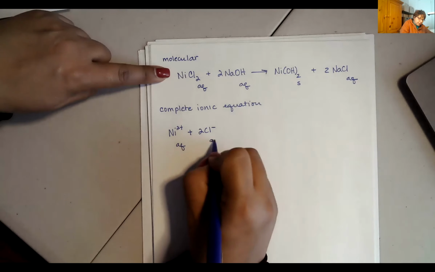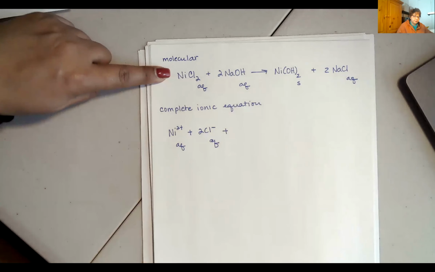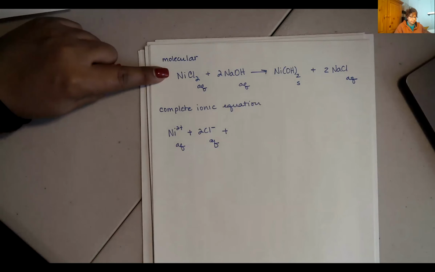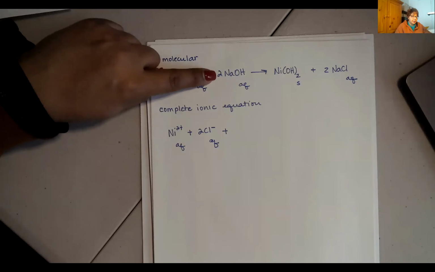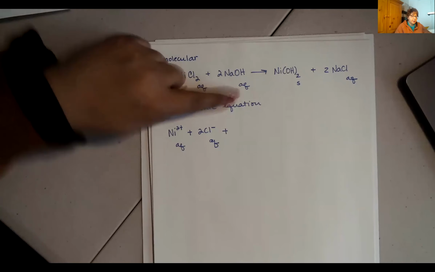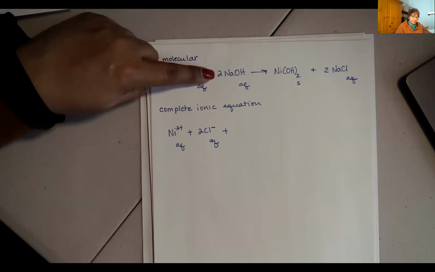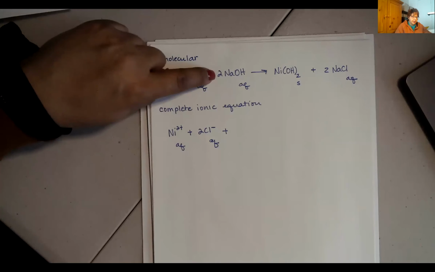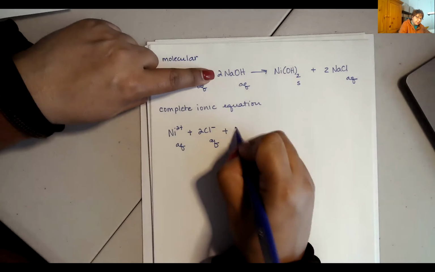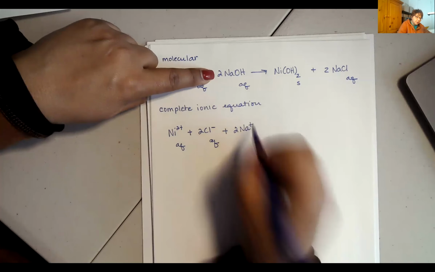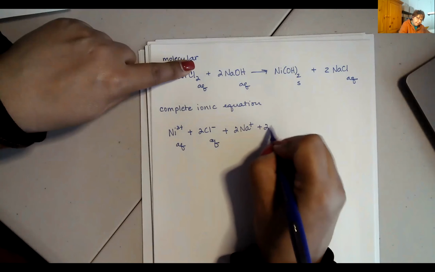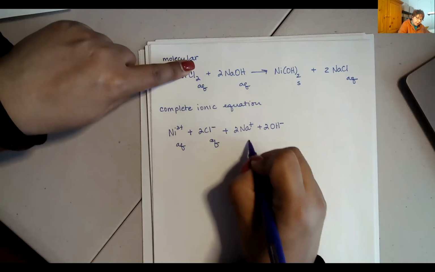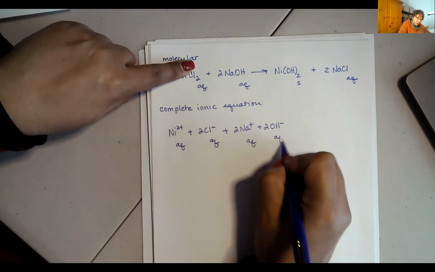They're both aqueous. My sodium hydroxide, it's aqueous, so I'm going to write it as its respective ions, but I've got a 2 as a coefficient here, so that gives me 2 sodium ions and 2 hydroxides. And they're both aqueous.